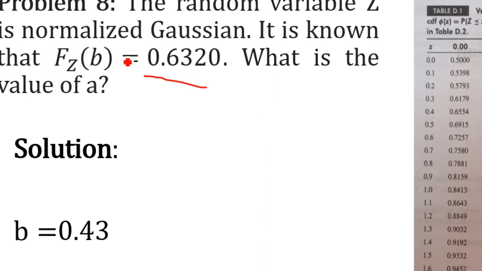Okay, see here you can take either this value or this value, whichever is more suitable. It can be treated as 0.63, it can also be treated as 0.63. The answer would be 0.33 or else 0.34. Both are acceptable, not an issue here.